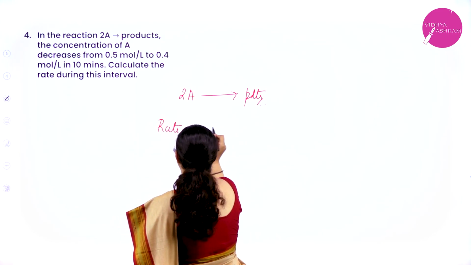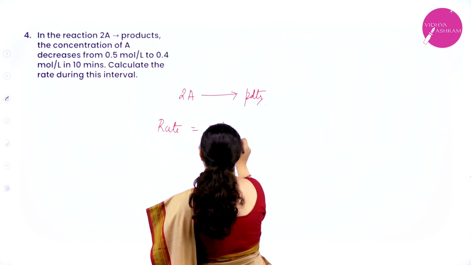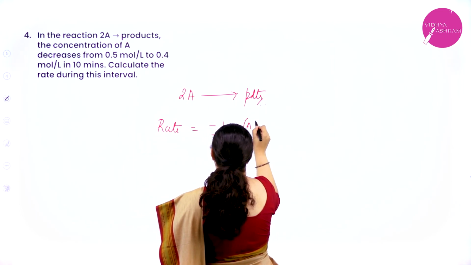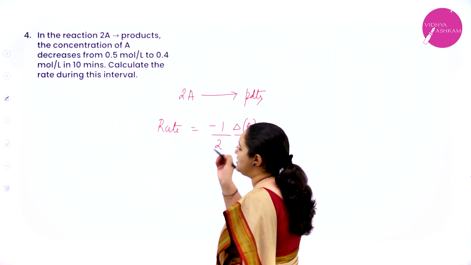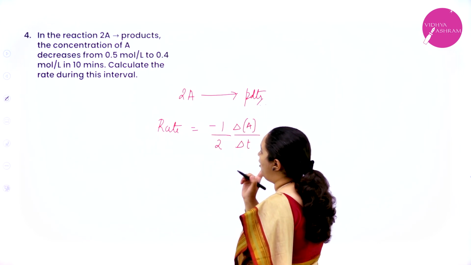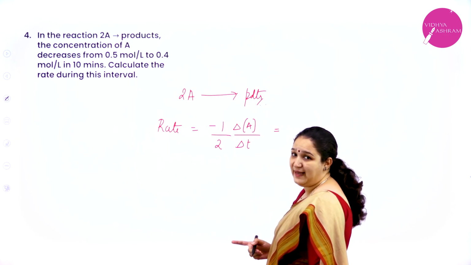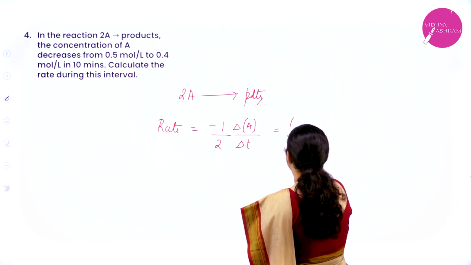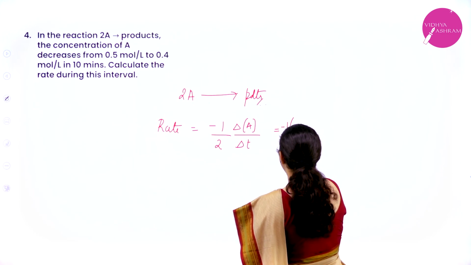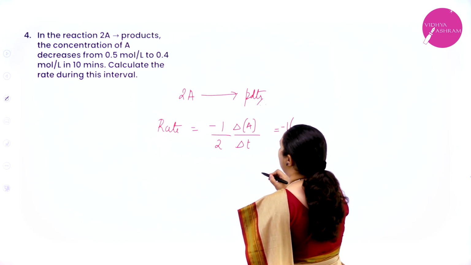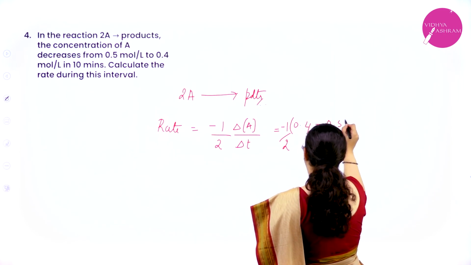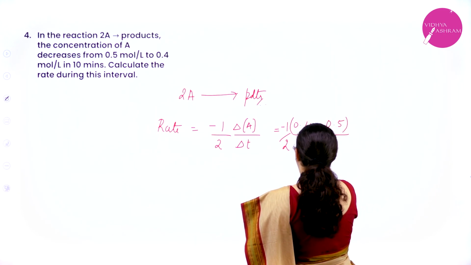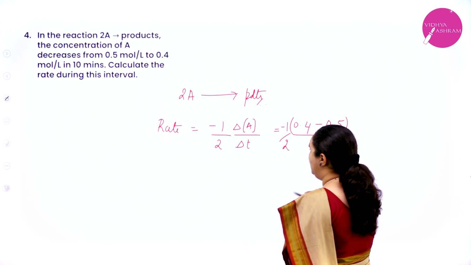So rate is equal to minus 1 by 2 delta A by delta T. Now what is the change in concentration? 0.5 to 0.4 in 10 minutes. So final concentration is 0.4, initial is 0.5, divided by 10 because the time interval is 10 minutes.